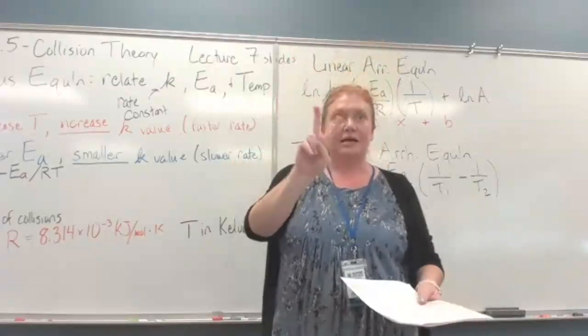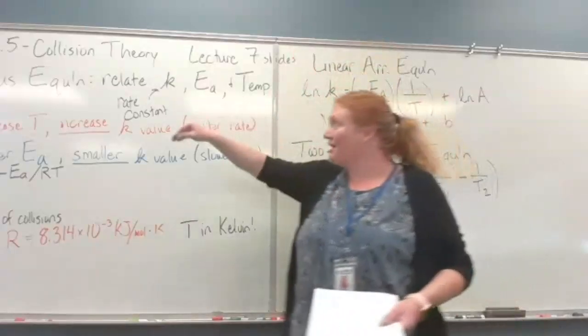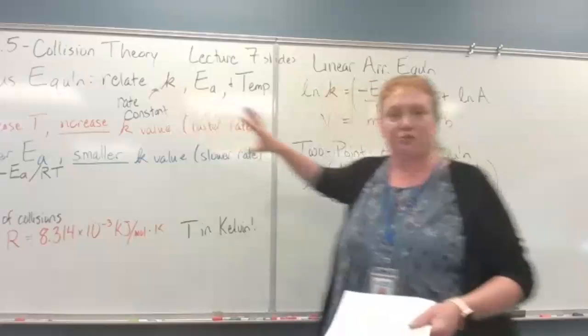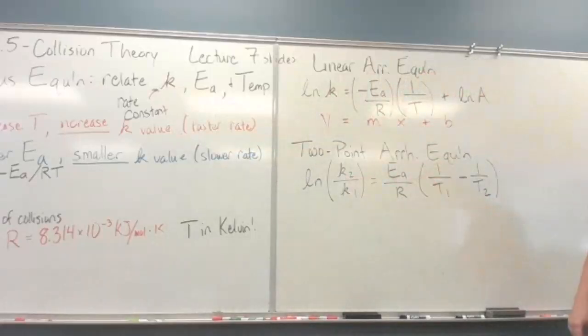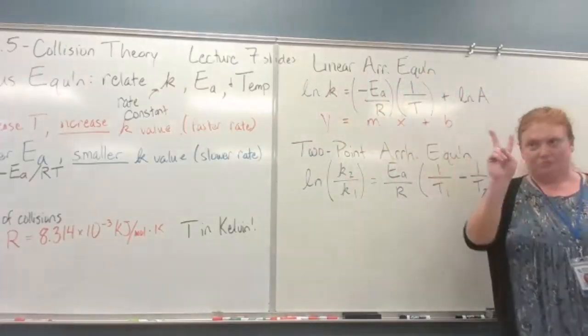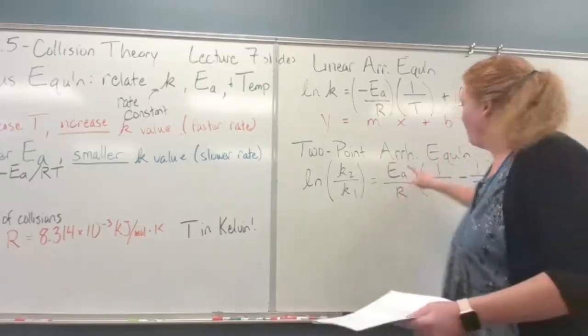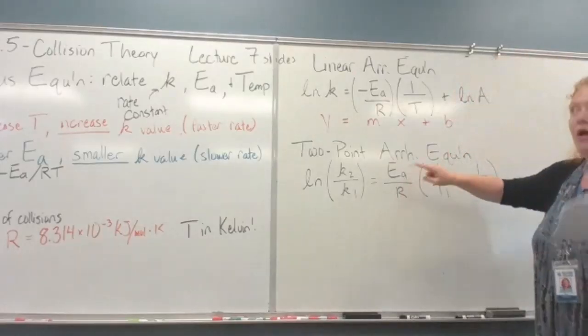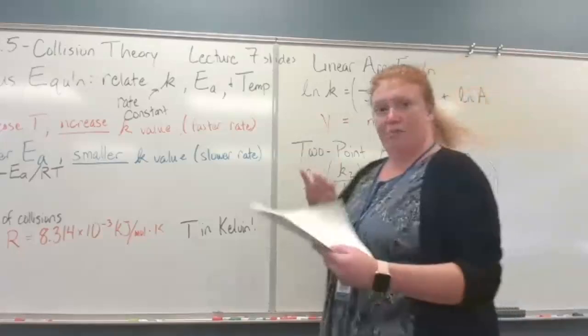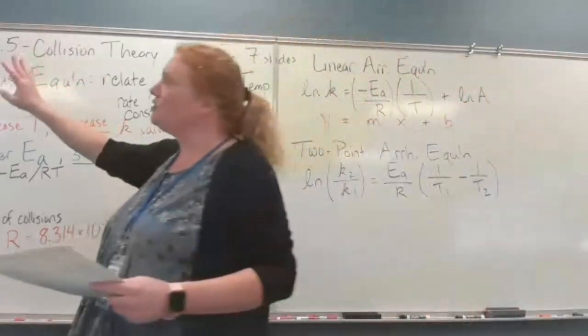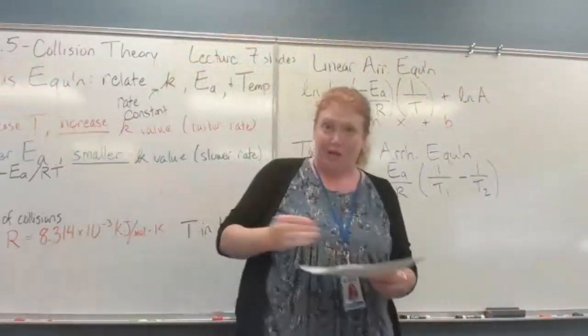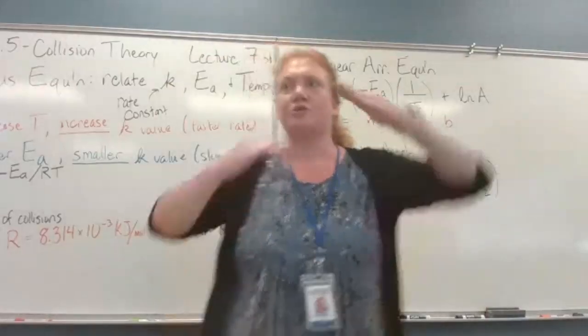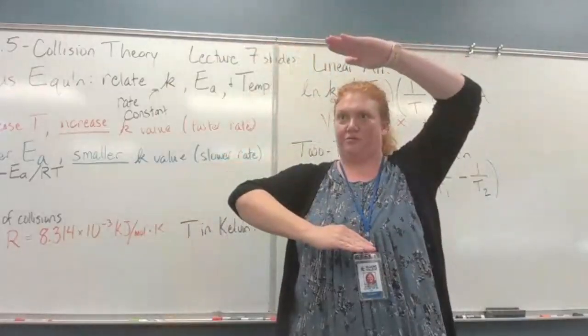If you have two k's at two different temperatures and are asked to solve for activation energy, what equation are you using? Two-point form. And we're going to solve for activation energy. Which two data points are you going to pick just from this table? I gave you a little bit of guidance here since you do have a table to choose from. Choose the two furthest points from each other.